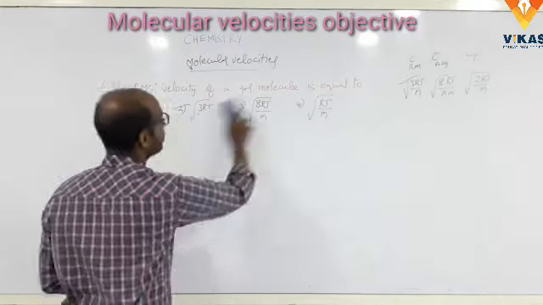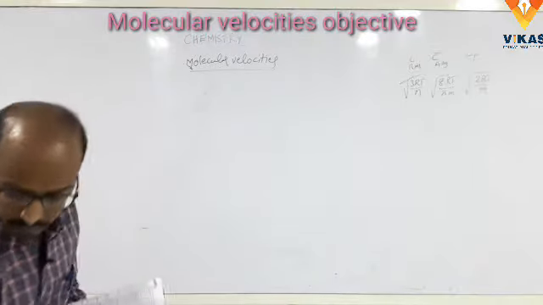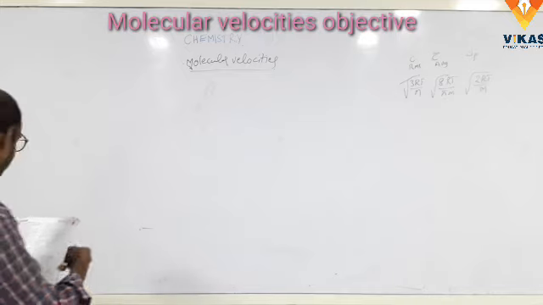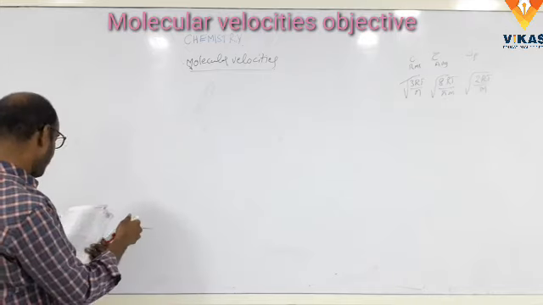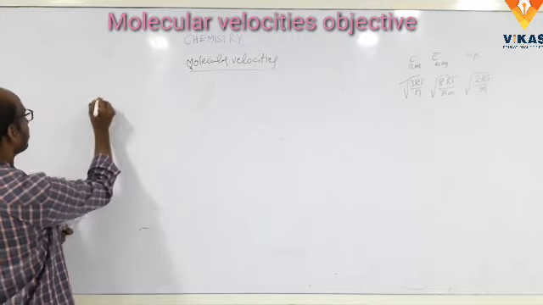Look at the next one, Nana. In the calculation of RMS velocity, question number 93.